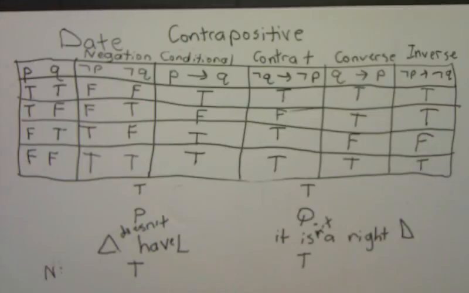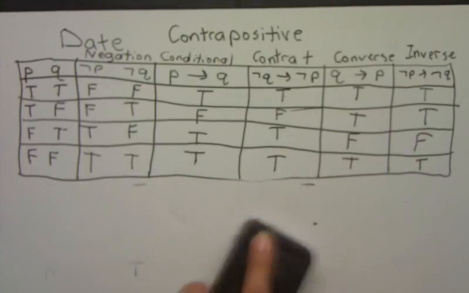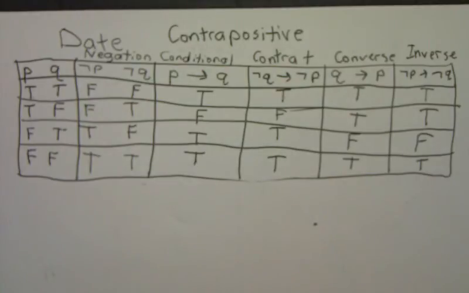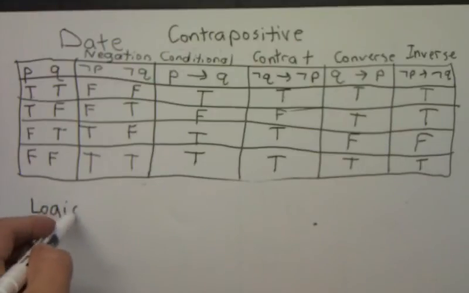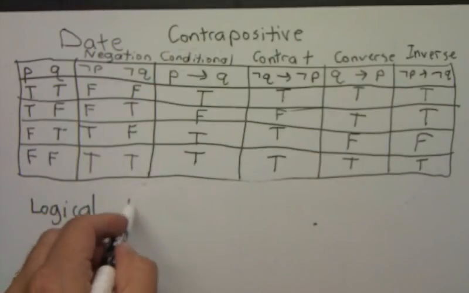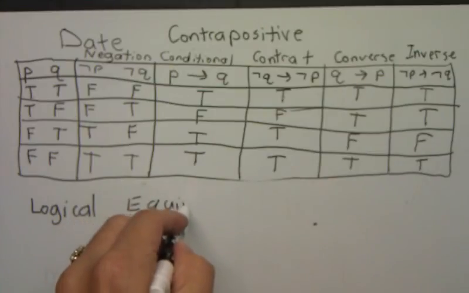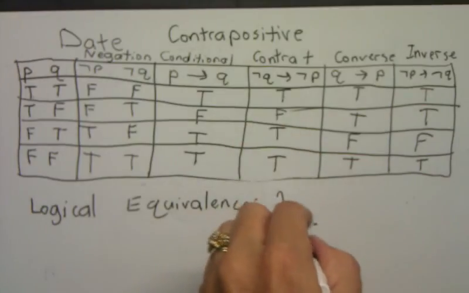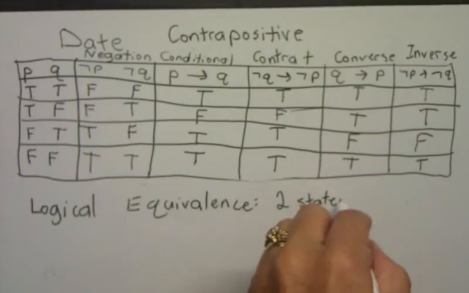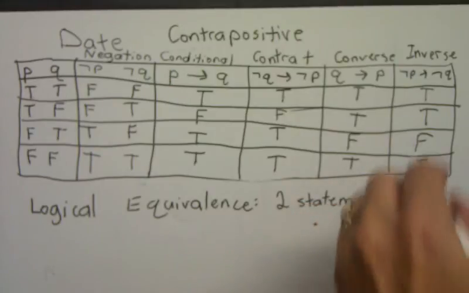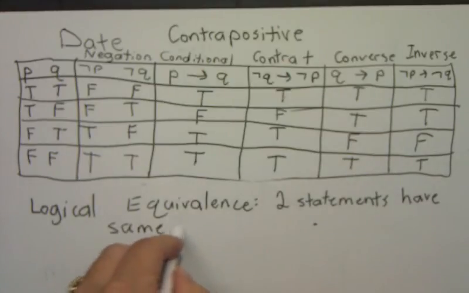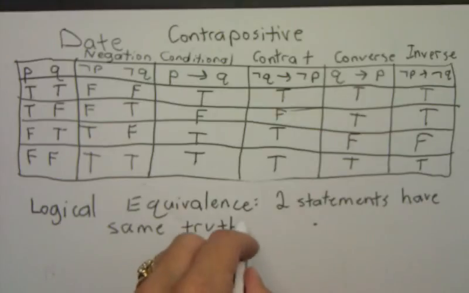Now, in your notes, I want you to put, right where you are: logical equivalence is when two statements have the same truth tables.